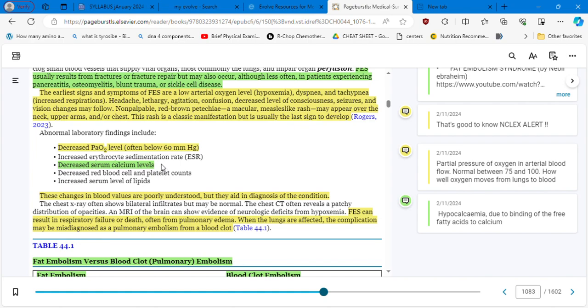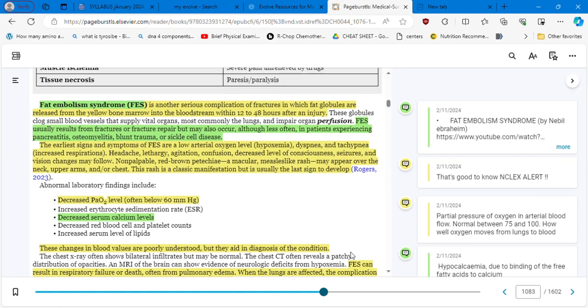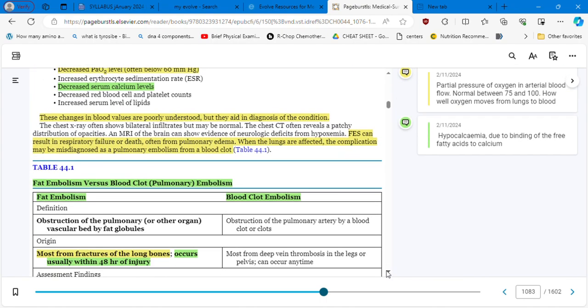So this is another, I would say, important marker for you to identify the fat embolism syndrome. Decreased red blood cell and platelet counts, and increased serum levels of lipids, of course, because it's fat embolism syndrome. Okay, so let's continue.